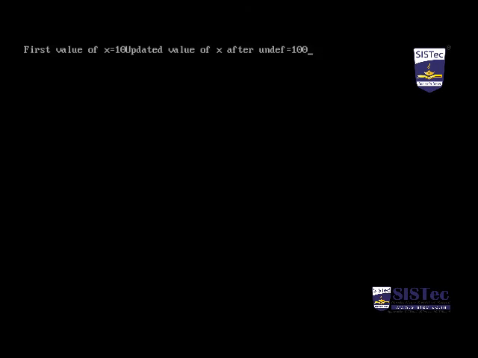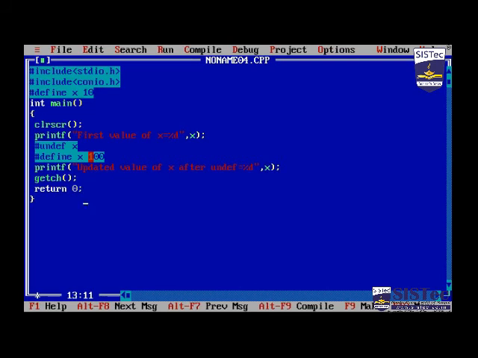Okay, so now I'm executing this program here. First the value of x is 10, and you can see the updated value of x after undef is 100. For clarity, let me change the line again. You can see first it prints the value of x as 10.